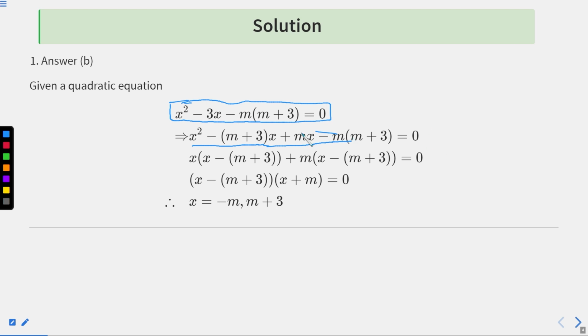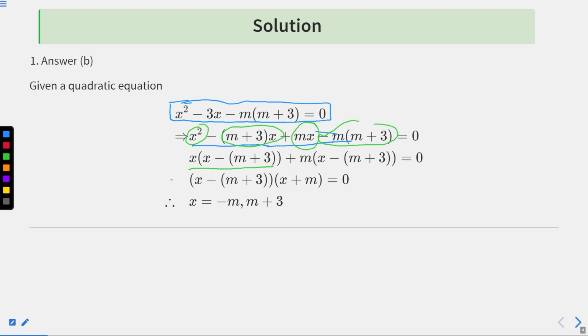Now from the first two terms we can take x common, and we get x times (x minus (m plus 3)). From the last two terms we can take m common, and we get plus m times (x minus (m plus 3)) is equal to 0.